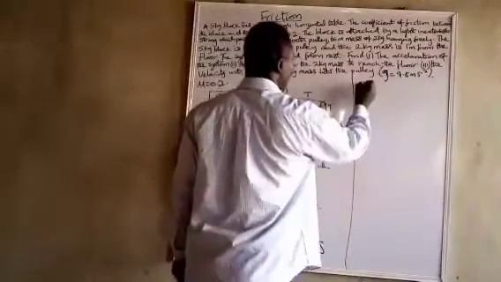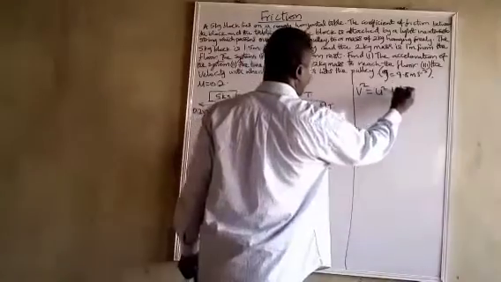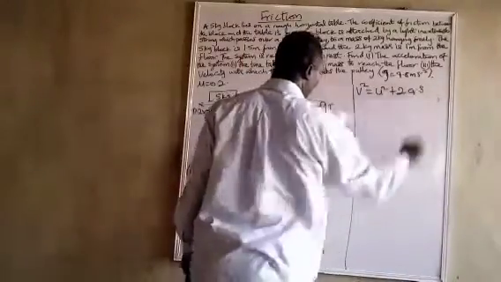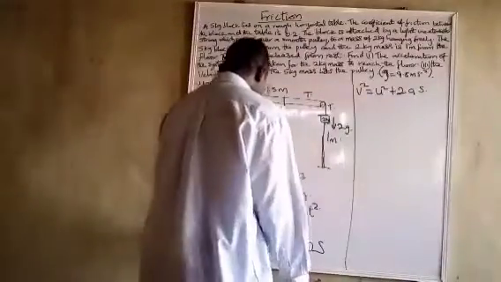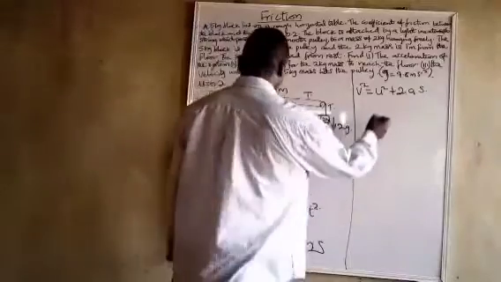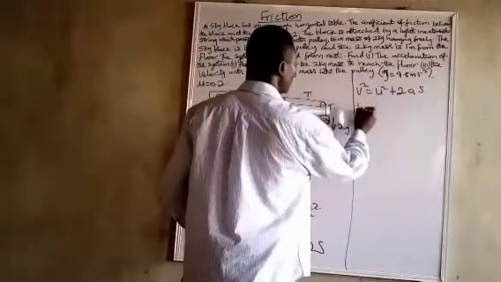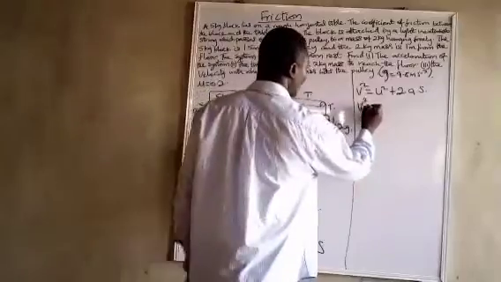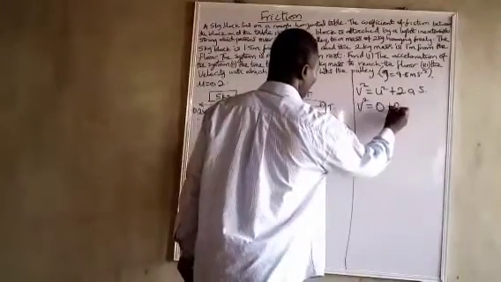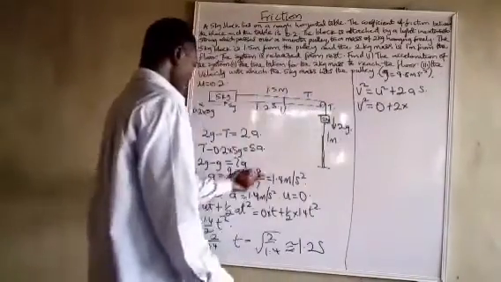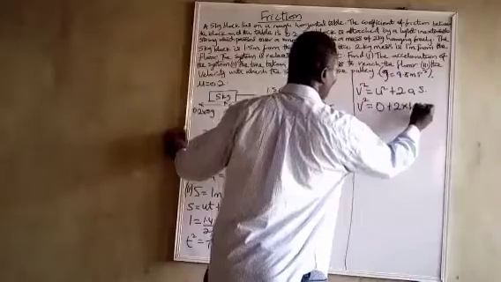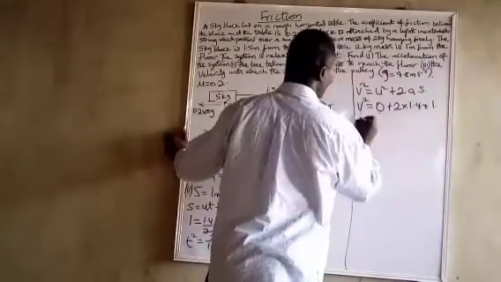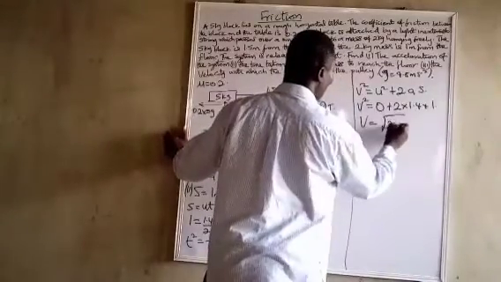So we can say v squared equals u squared plus 2as. Here v is the velocity at this point. That is equal to 0 plus 2 times 1.4 times 1. So v is the root of 2.8.